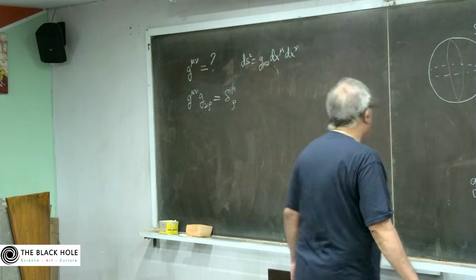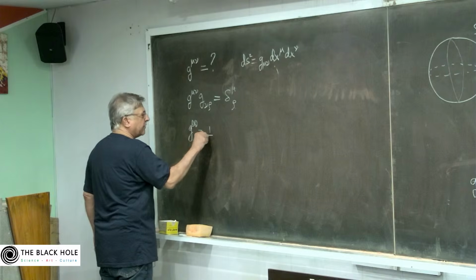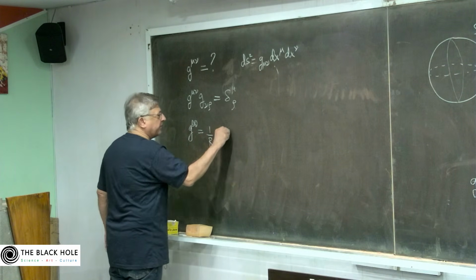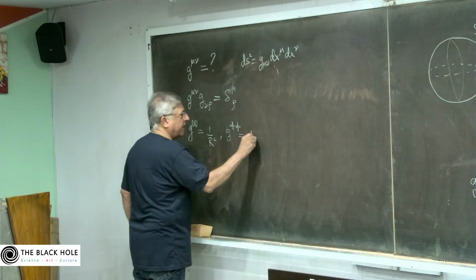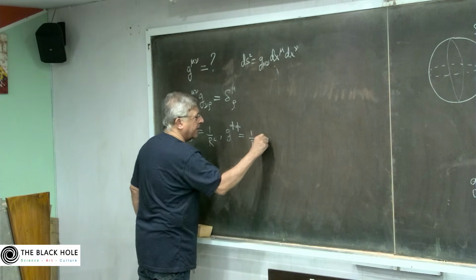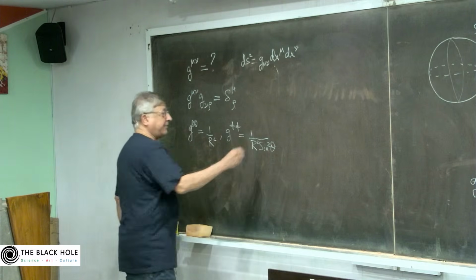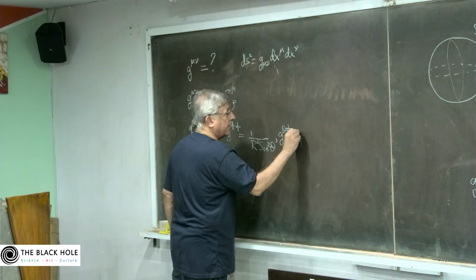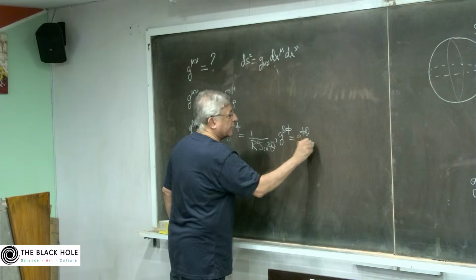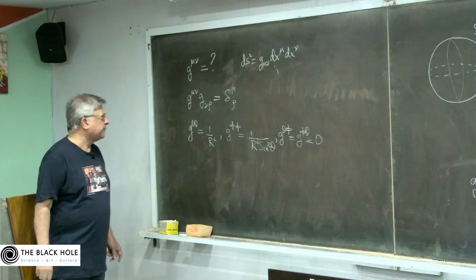Looking at this, can you tell me what the elements g theta theta will be? 1 by r squared. And what will g phi phi be? And you have to tell me everything. This has to be 0. Let's check this.